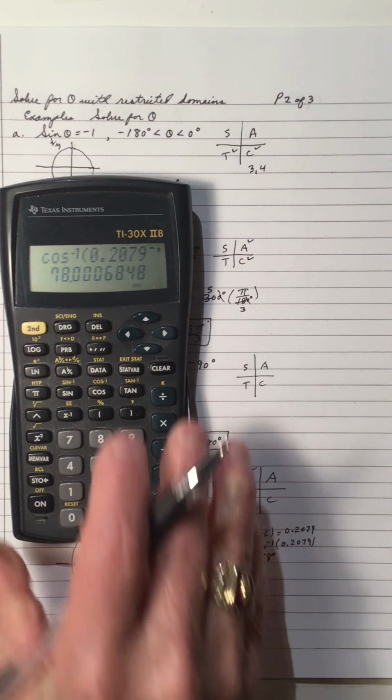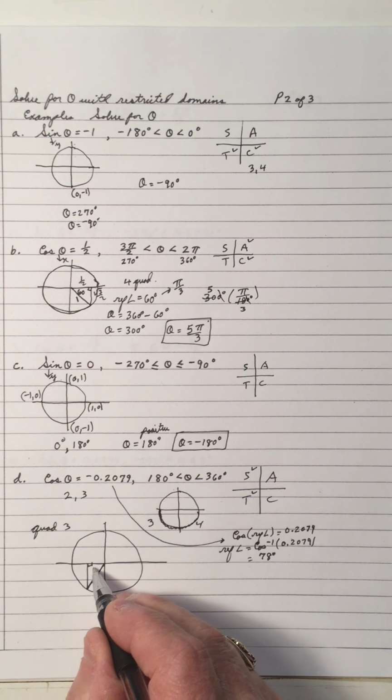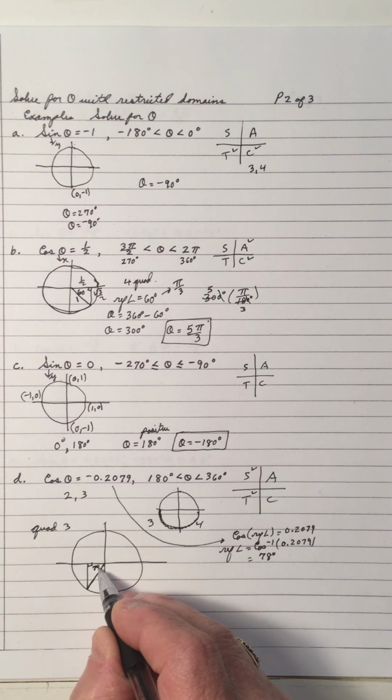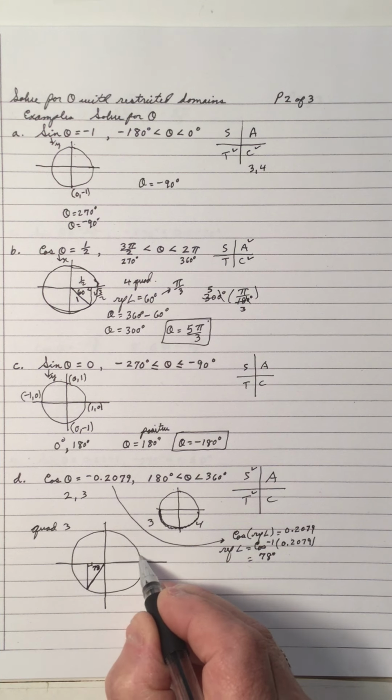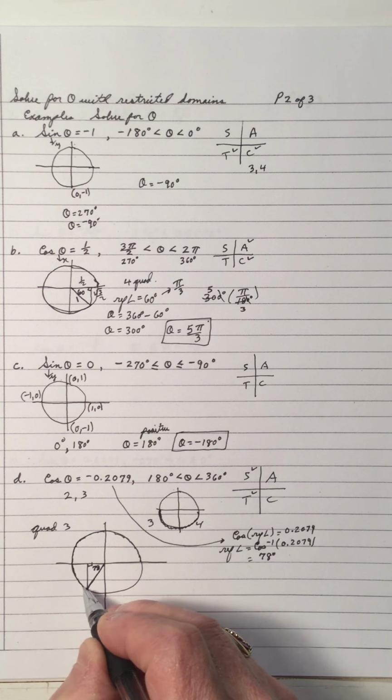And when I hit enter, I should have the reference angle to be 78 degrees. 78 degrees is in the third quadrant. There's the reference angle of 78. So theta is this rotation here, right around.